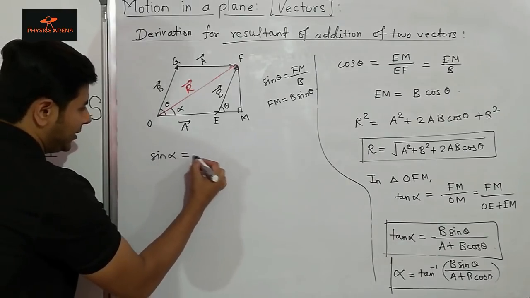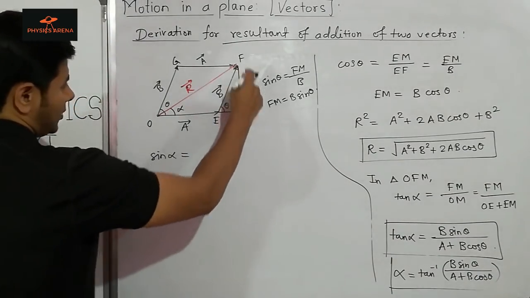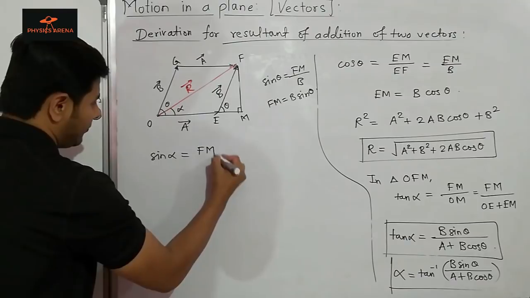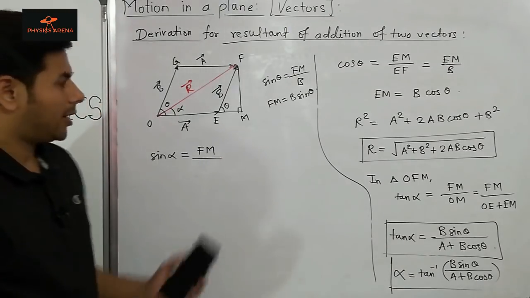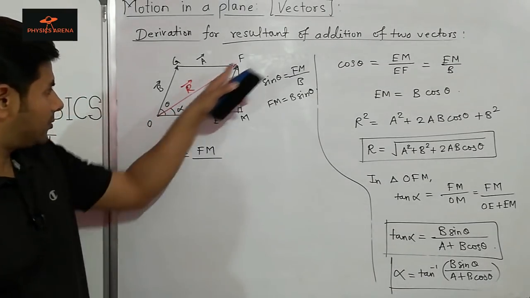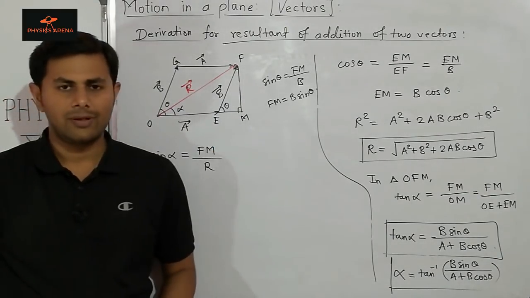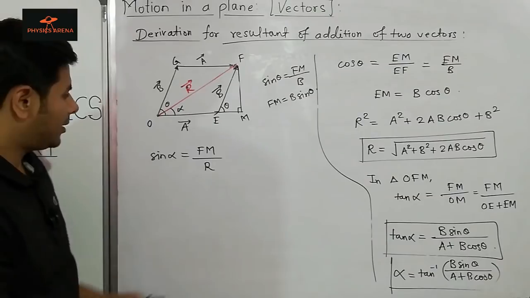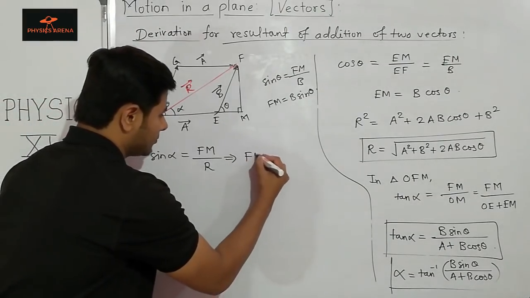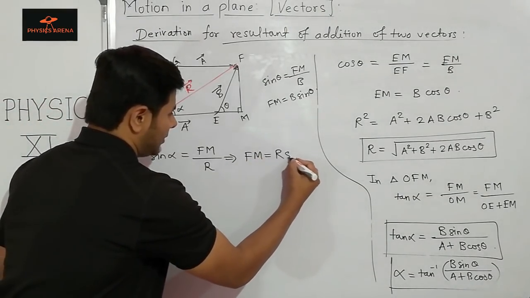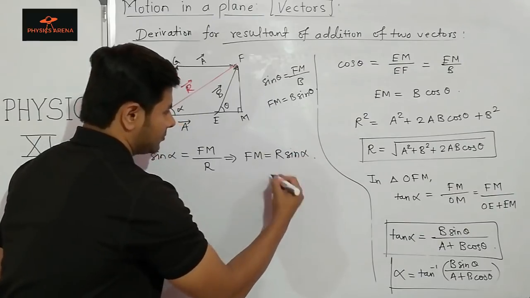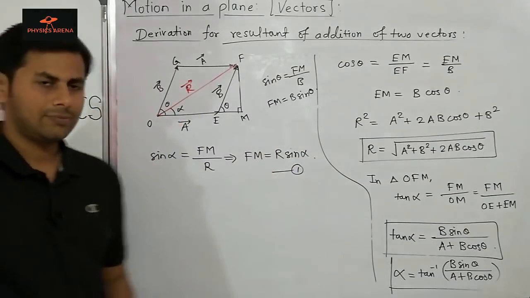I can write it is equal to this opposite side FM divided by the hypotenuse. Hypotenuse is OF, or I can say it is R. So FM equals R into sine alpha. This is the first equation.